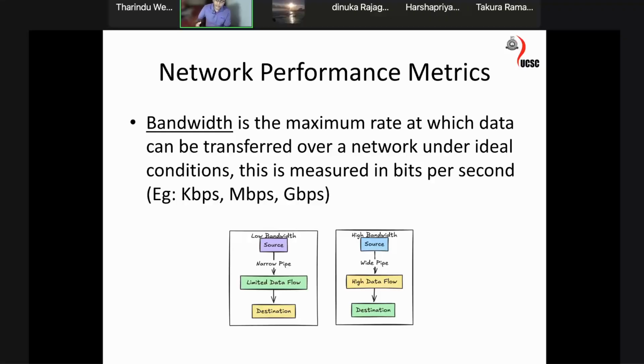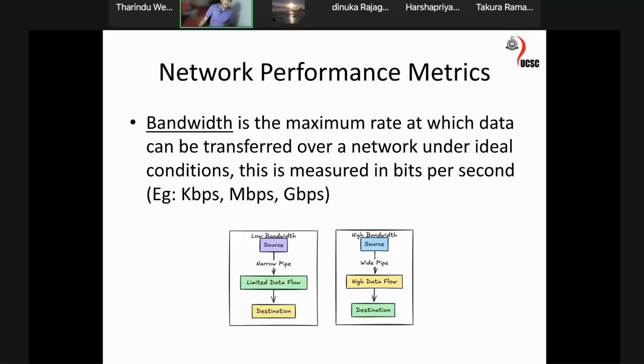Most probably by the end of the year we can see 1.6, which is double the 800 gigabits per second, in network devices and smart NICs as well, for AI workloads. All right, it matters mainly to the data flow.